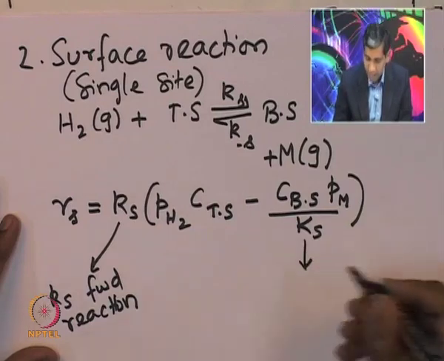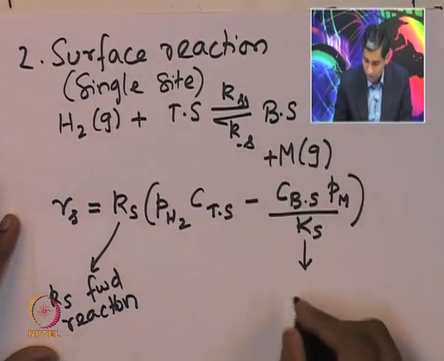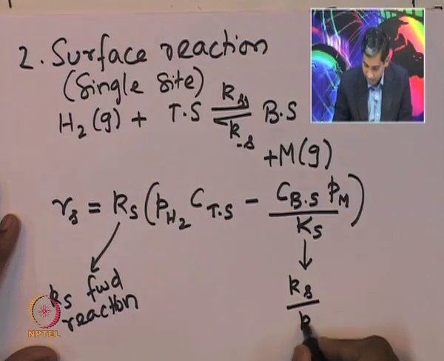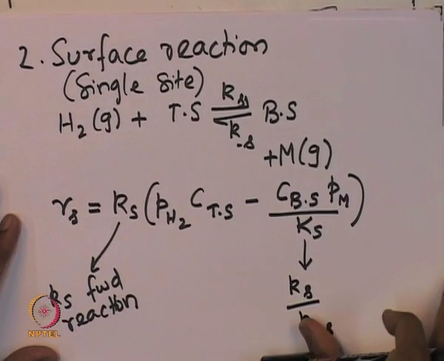The equilibrium constant is given by Ks divided by K minus S.